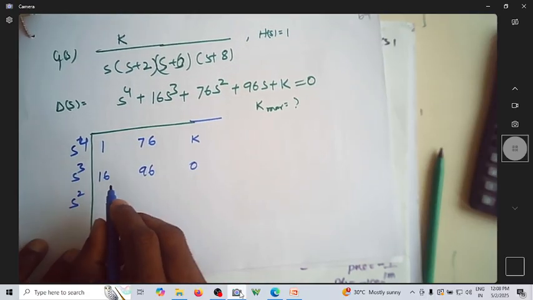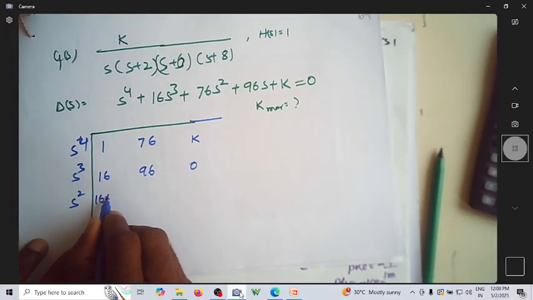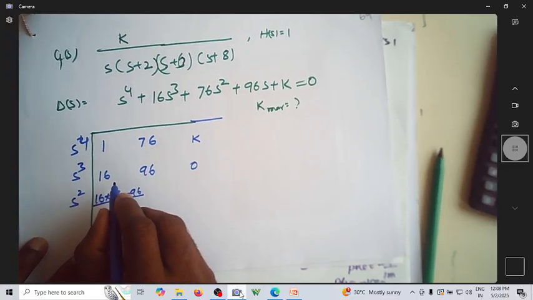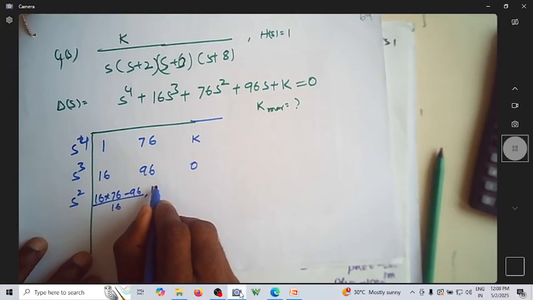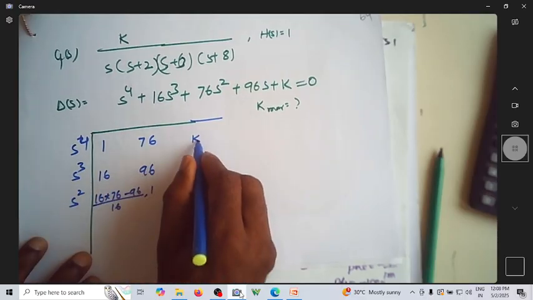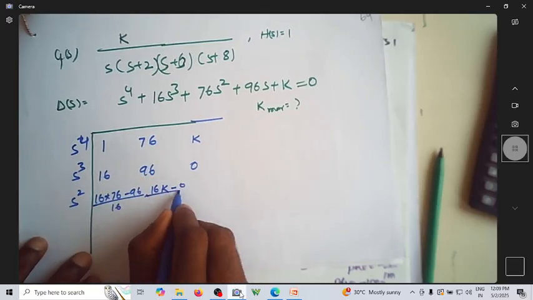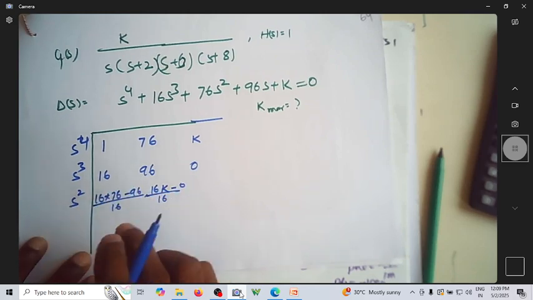What is s square now? It is 16 into 76 minus 96, divided by 16. Next it is 16 into k minus 0, divided by 16. So this will become k.